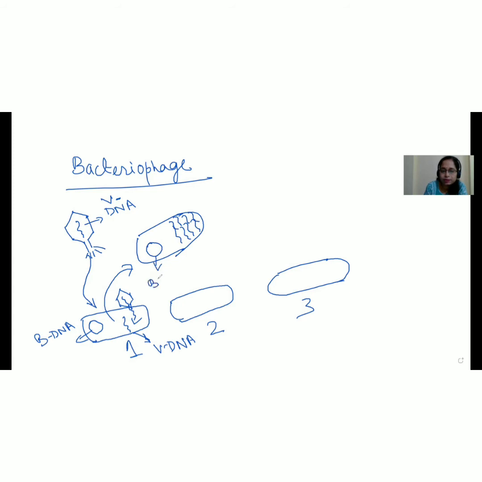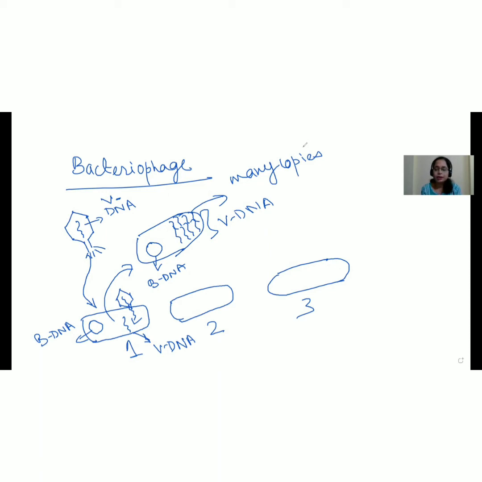This is vDNA, viral DNA. Now inside the bacterial cell, many copies of the virus will be formed, and this bacteria will be filled with the virus.